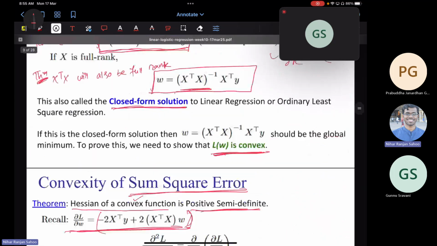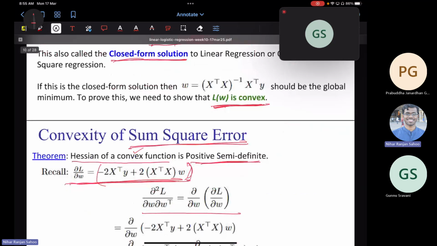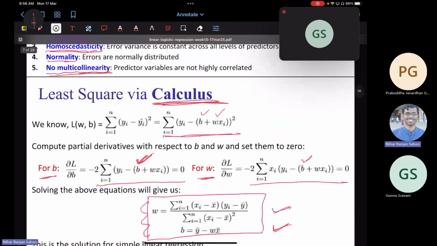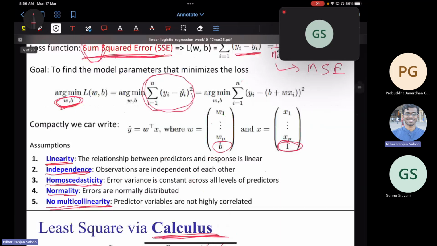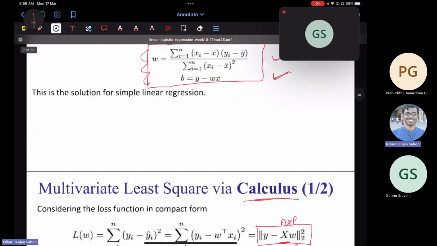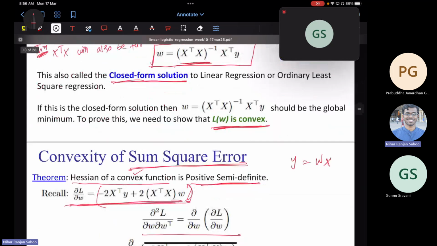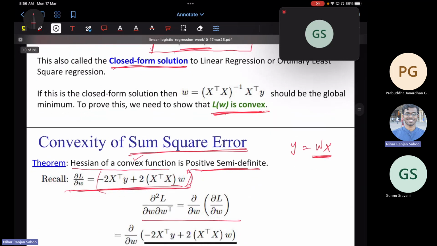Now come to one very basic scenario. We started with y equal to w into x. If we go back to our compact representation, y equal to w transpose x, by matching the dimensionality we can write wx for the multidimensional case.